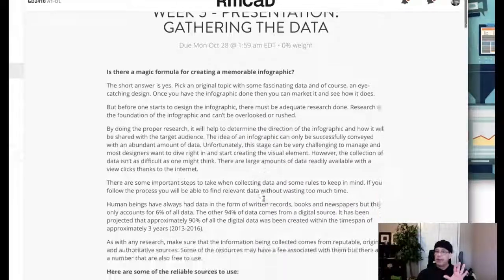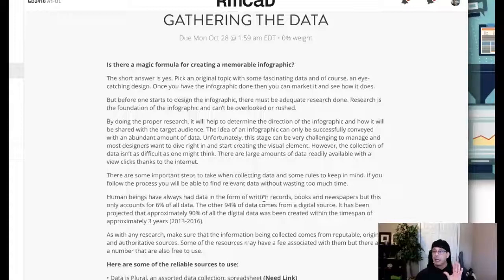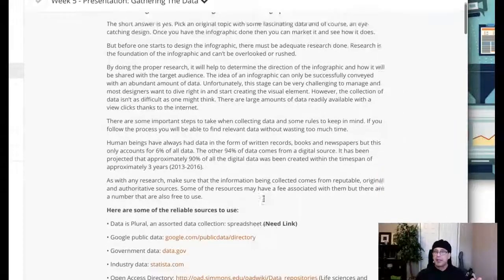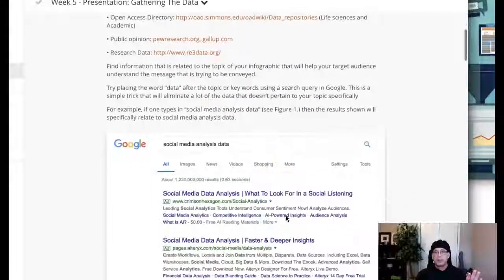Guys, listen, I'm going to tell you right now, I'm going to check for accuracy in your research and the data that you're going to be using to present your infographic. So this is of critical importance, guys. Please give yourself time this week to learn how to search data. This isn't typical web search, guys.